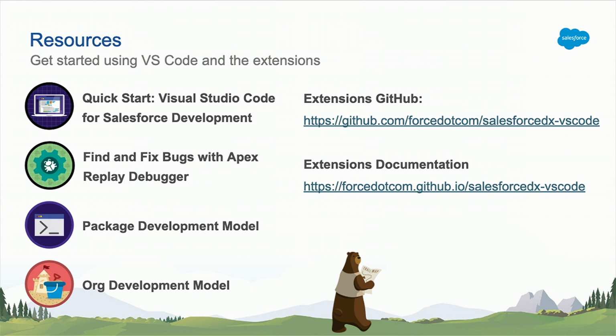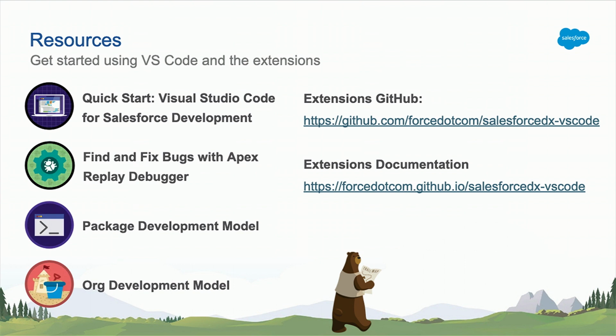The next one is on debuggers. One of the big topics that we didn't touch on today is how to use debuggers within VS Code. We've made it really easy for all of you to actually go through and test and debug all of your Apex code. One of the ways you can do that is through our Apex Interactive Debugger or through the Apex Replay Debugger. This Trailhead will do a really good job of explaining the Apex Replay Debugger to you, so we would really recommend checking that out.